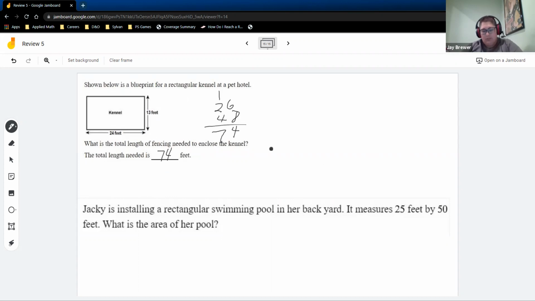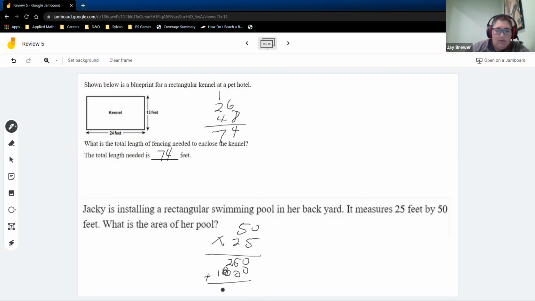All right, last question here says, Jackie is installing a rather large rectangular swimming pool in her backyard. It measures 25 feet by 50 feet. What is the area of the pool? I'm just going to take 50, multiply it by 25. So that's a 0, by the way.